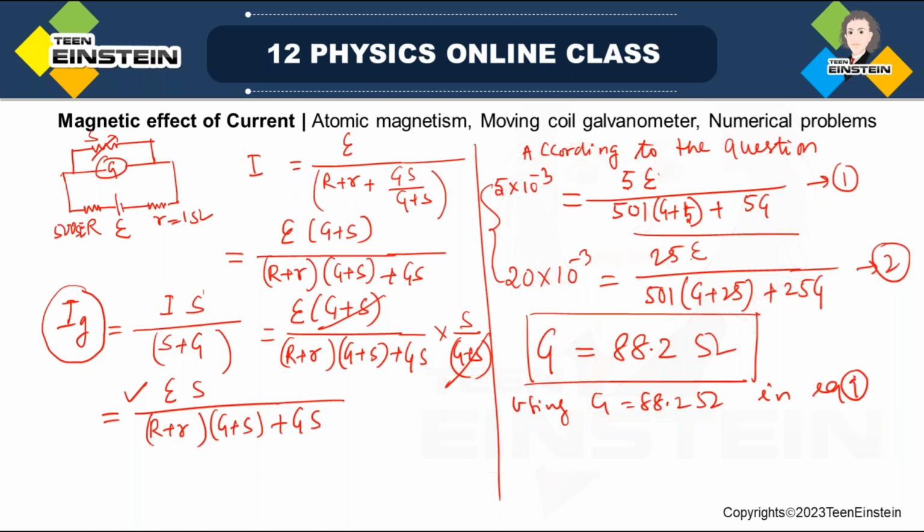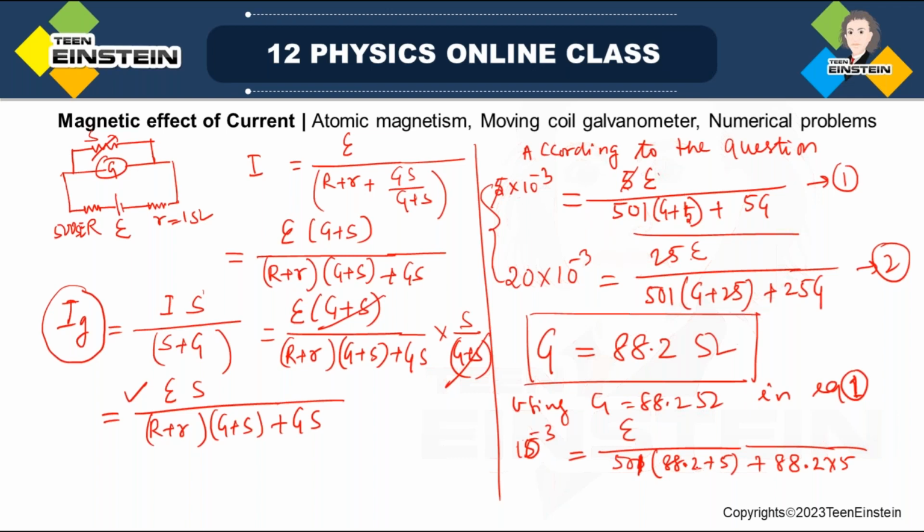So the 5 gets cancelled. 10 to the power minus 3 is equal to E divided by 501, that is as good as 500 only, times 88.2 plus 5 plus 88.2 into 5.